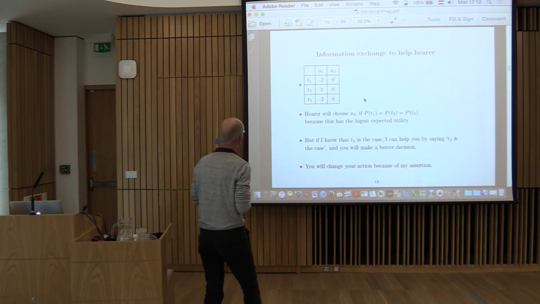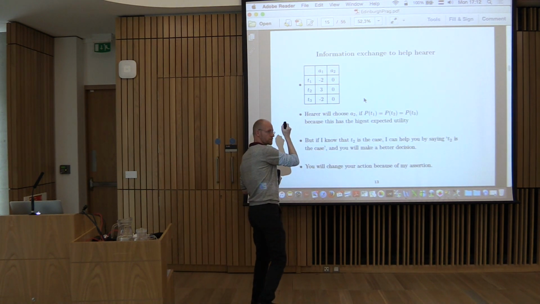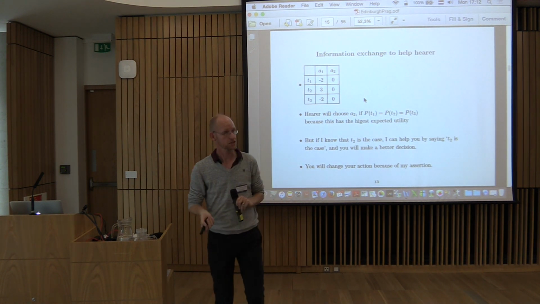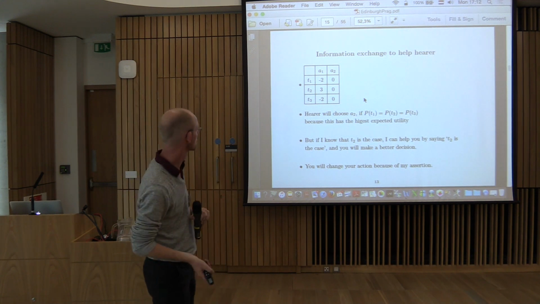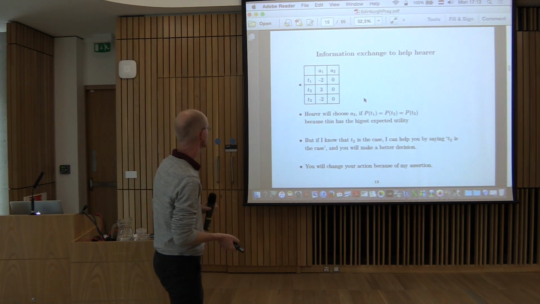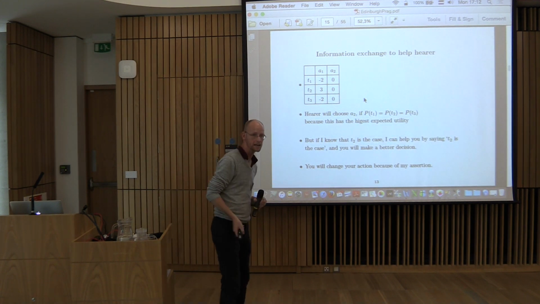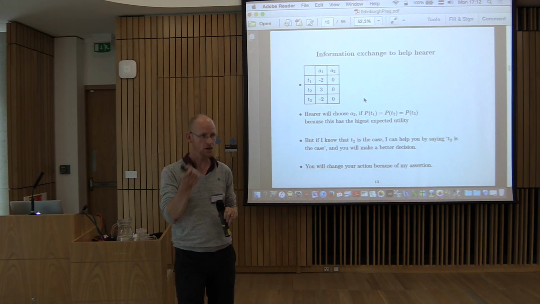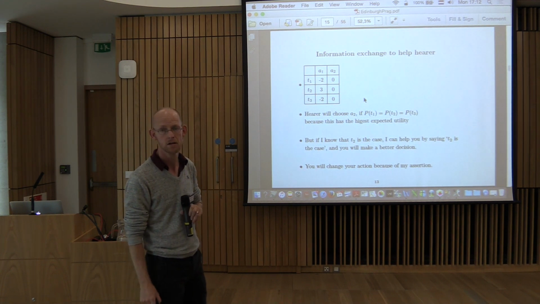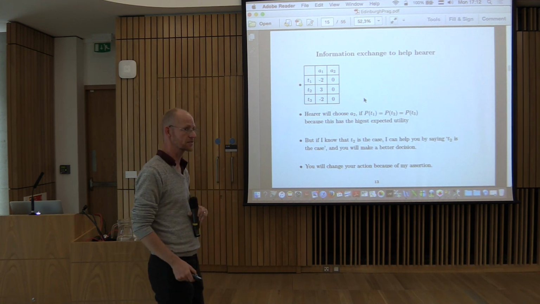So here's just a simple example. Suppose that this is your decision problem. You consider 3 situations, T1, T2, T3, and 2 actions. You don't know which situation you're in, they're all equally likely. And these are the utilities. What action should you choose? The one with the highest expected utility.